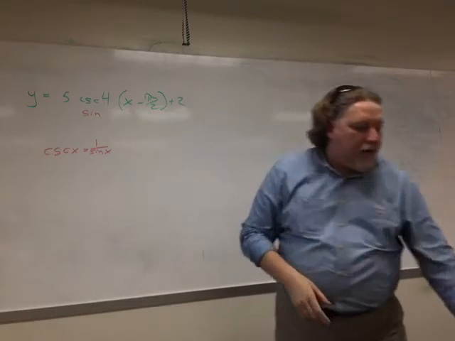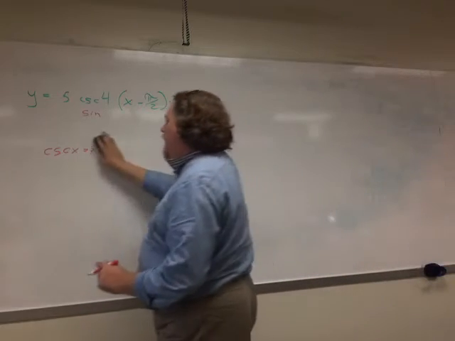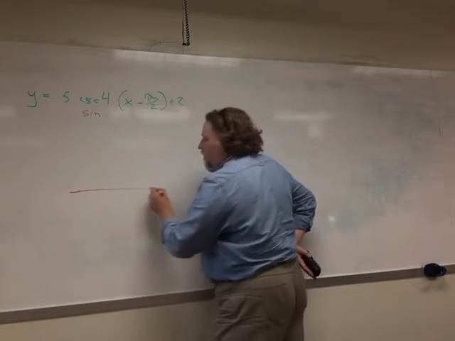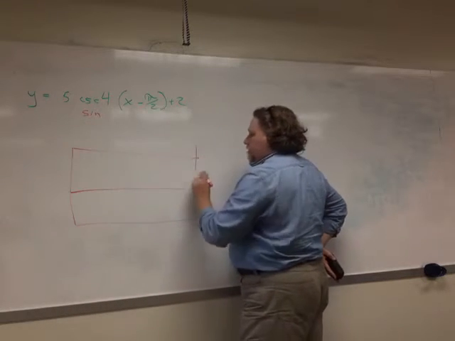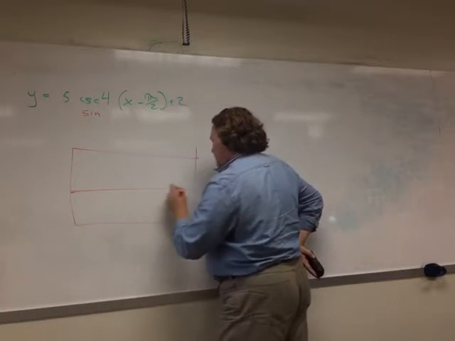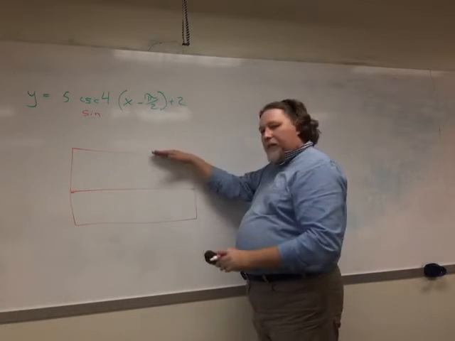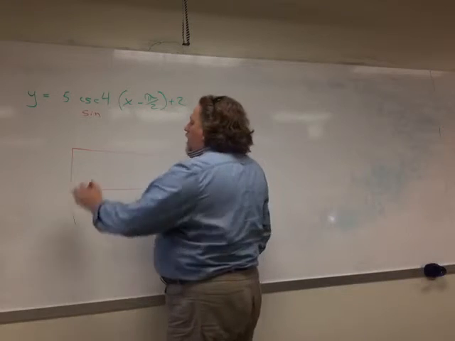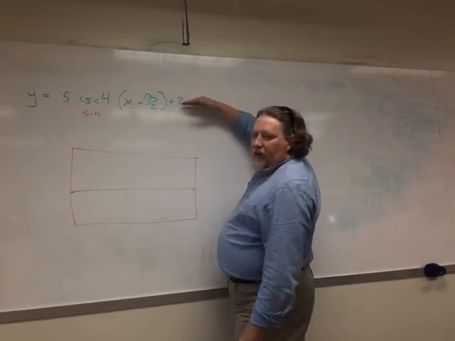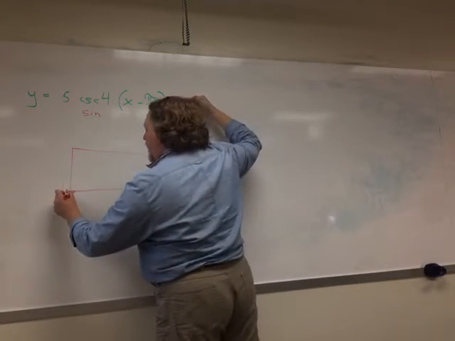So if I want to draw my box like we've been practicing, here is the center of my box. Here's the top of my box. Here's the bottom of my box. The baseline, the center line is at 2 because that's my vertical shift.